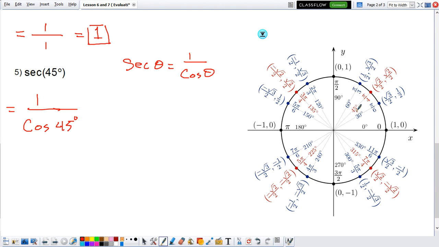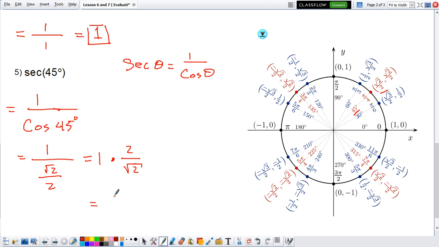Well, 45 is right here. I know that if I want the cosine, that's the x value. So now this becomes 1 over the cosine of 45, square root of 2 over 2, which is equal to 1 times the reciprocal of the denominator, which is 2 over square root of 2. 1 times anything is what you're multiplying it by.